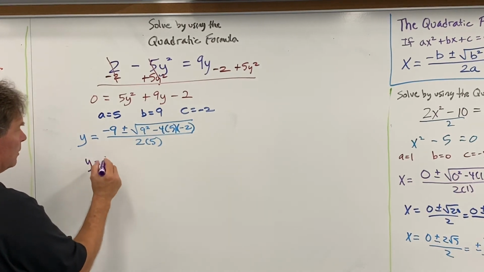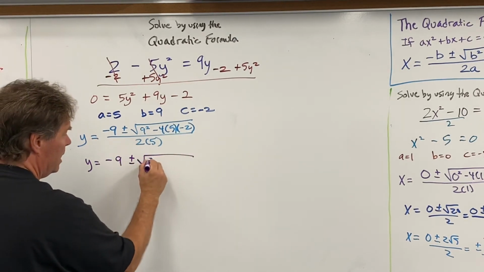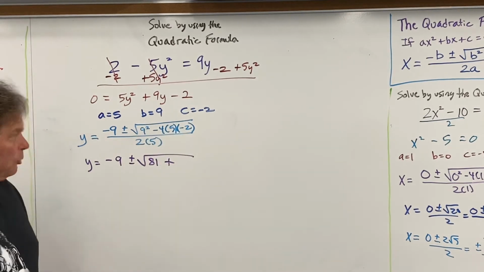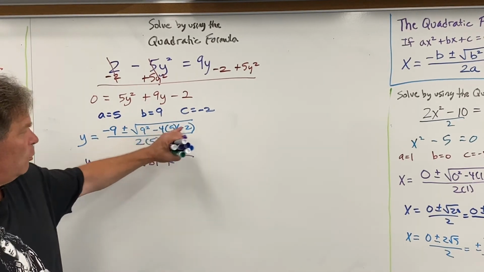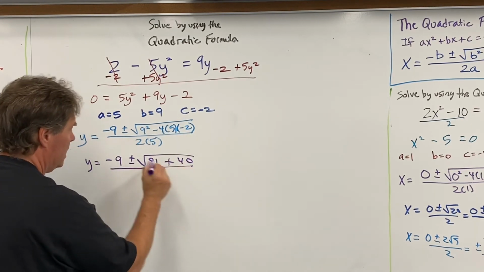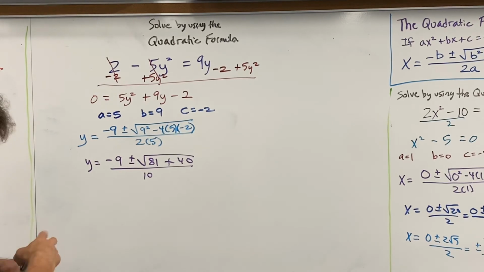Okay, now y equals -9 plus or minus square root of 81, minus nets out to be a plus, 4 times 5 is 20 times 2 is 40, and it's over 10. Okay, let's see what that turns out to be.